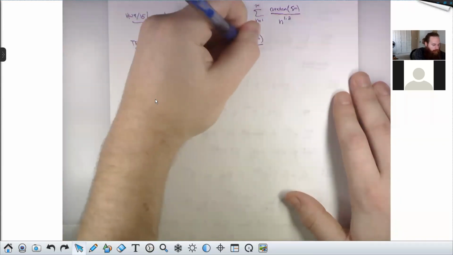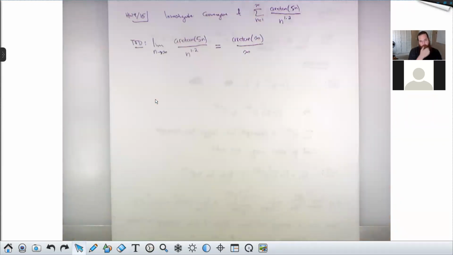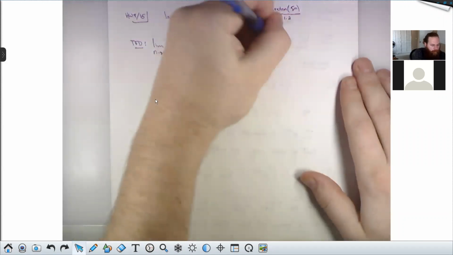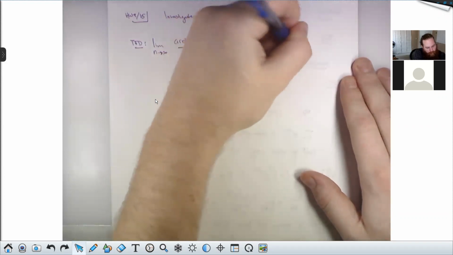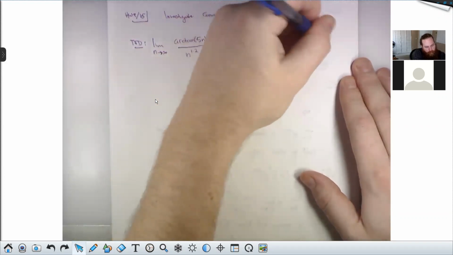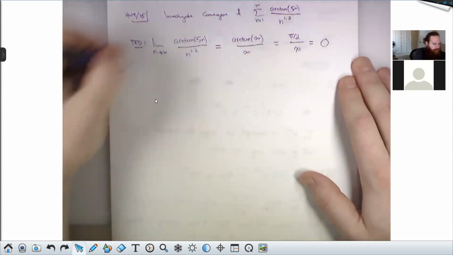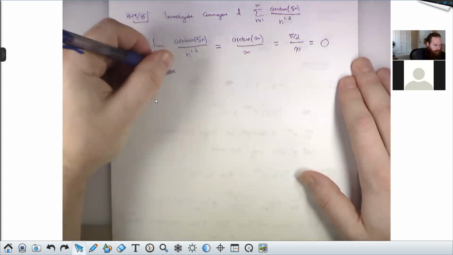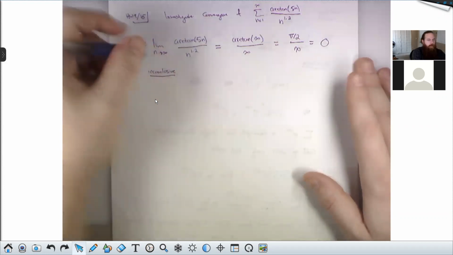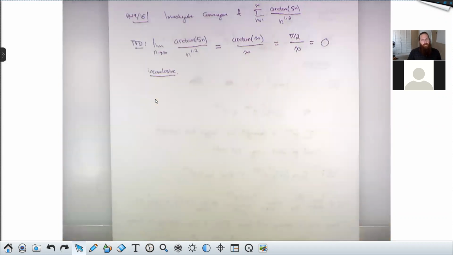And the bottom is also clearly going to infinity. Arctan of infinity is pi over 2. Pi over 2 divided by infinity, something finite divided by infinity, is 0. This is inconclusive. But it does give me a little hint as to how I might get away with a direct comparison.